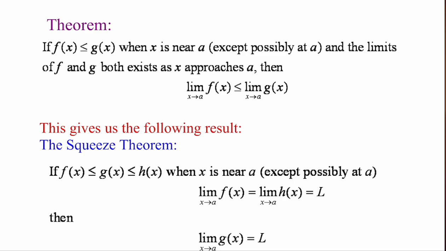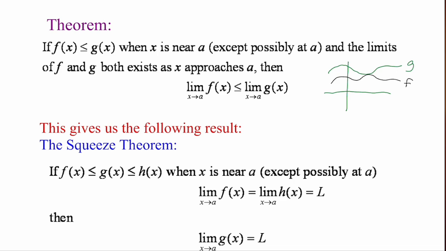Okay, I'm going to draw a little picture. It's not going to be pretty, but it should help you. Let's say our g function is up here. And then let's say our f function is here.